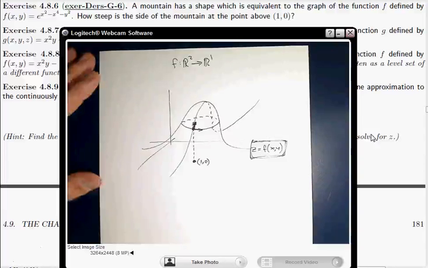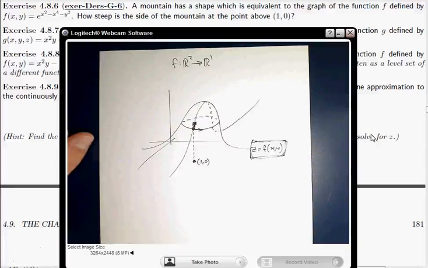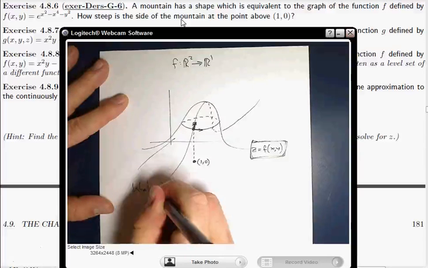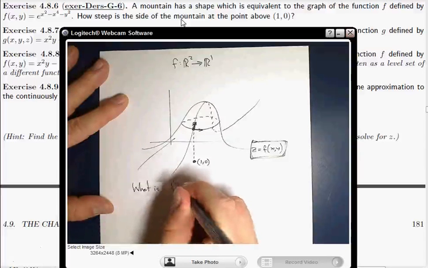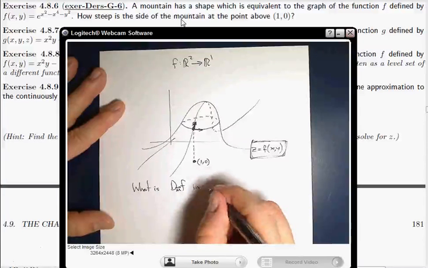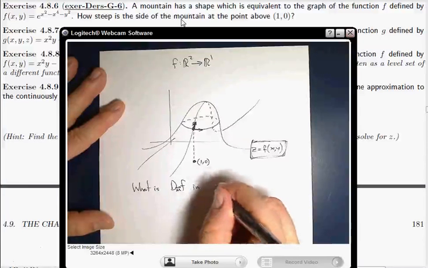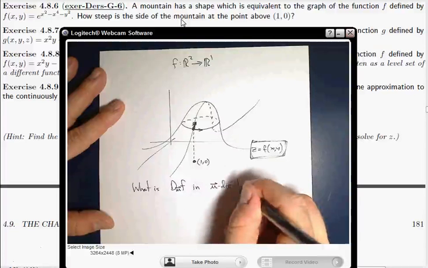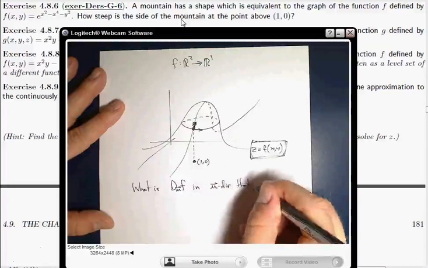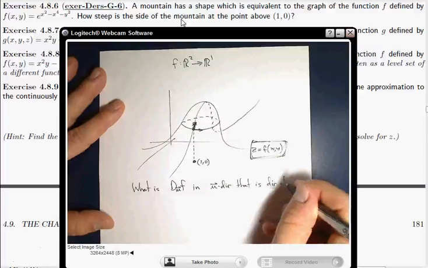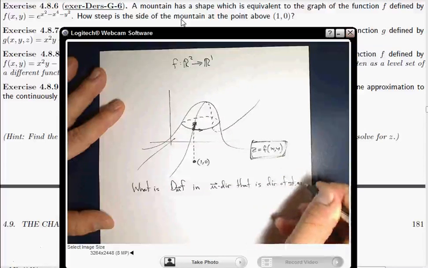So this question, how steep is the side of the mountain, is asking: what is the unit directional derivative in the u direction that is the direction of steepest ascent?